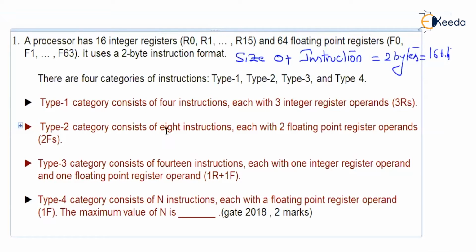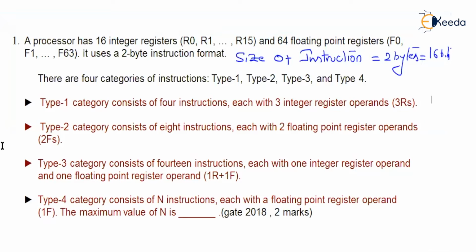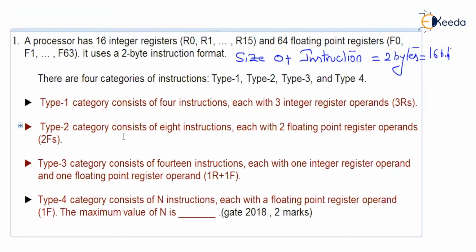There are a total of 8 type 2 instructions, each with 2 floating point register operands.